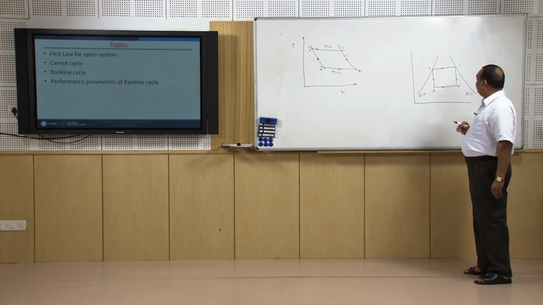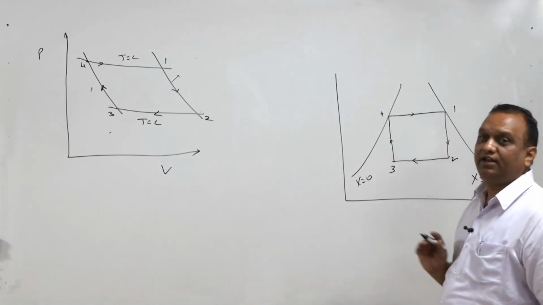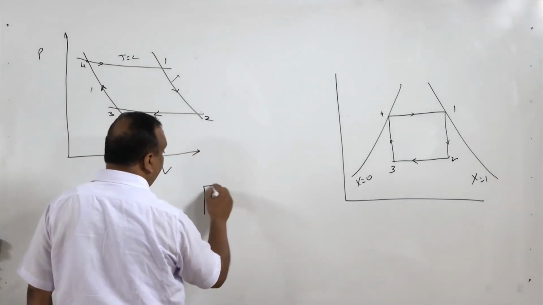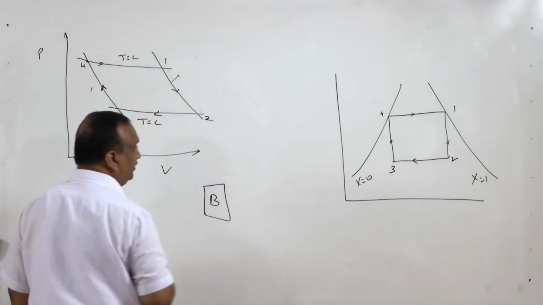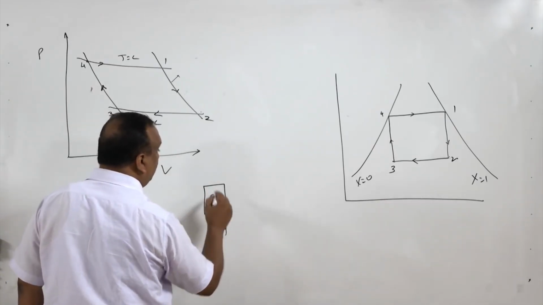So, this is how we can come close to the Carnot cycle, but there are again problems in this system also. The first problem is that all these processes will be taking place in different physical entities, because process 4 to 1 will be taking place inside a boiler. So, this is state 4 to state 1.